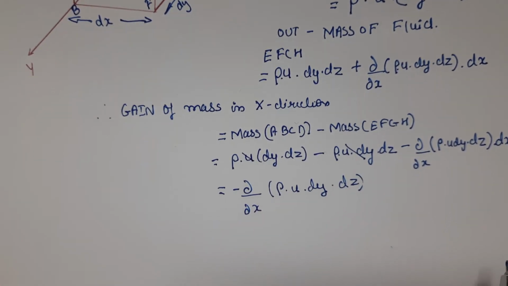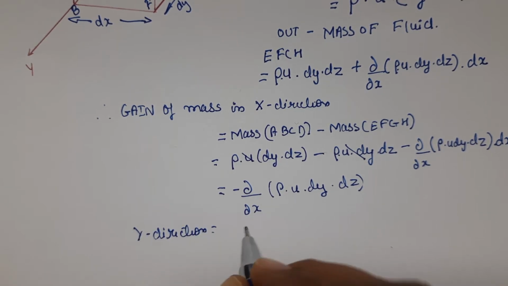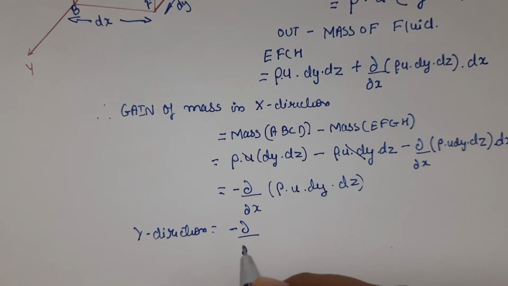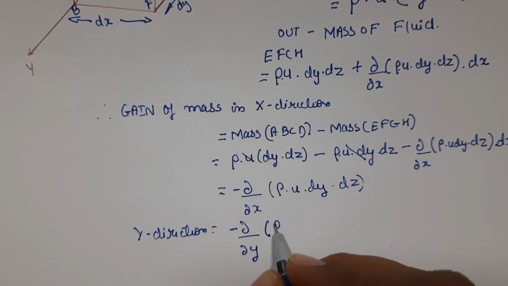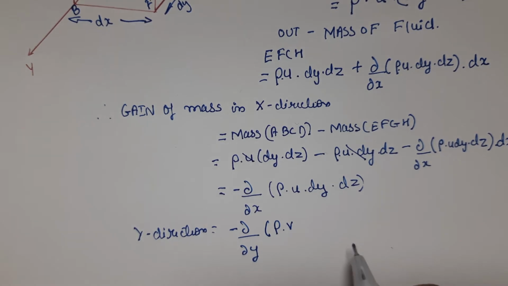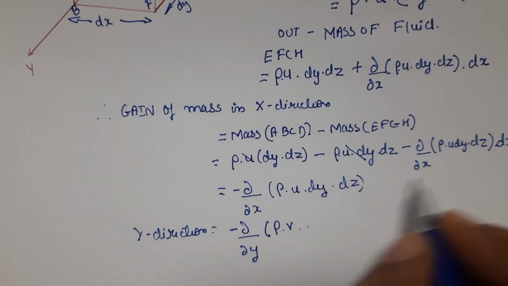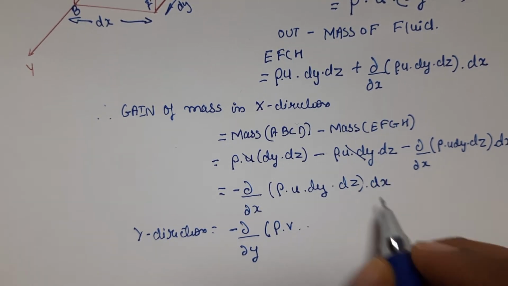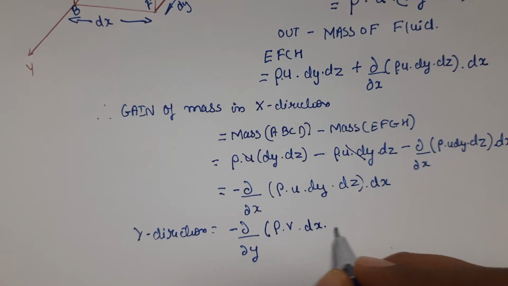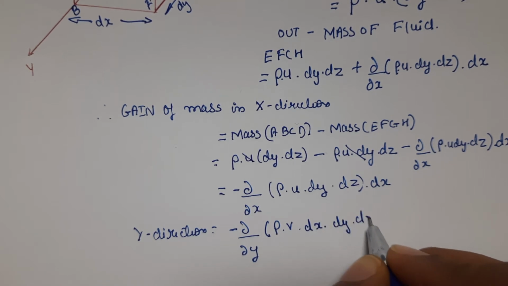Now similarly, the gain in mass in the y direction will be minus dou by dou y of rho v, and sorry, here I forgot to write dx, so it will be dx dy and dz.